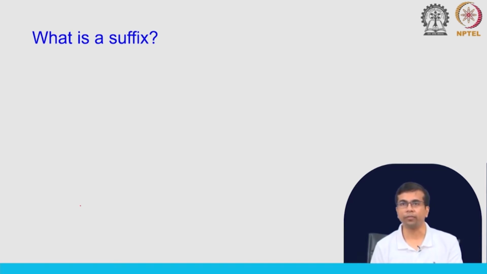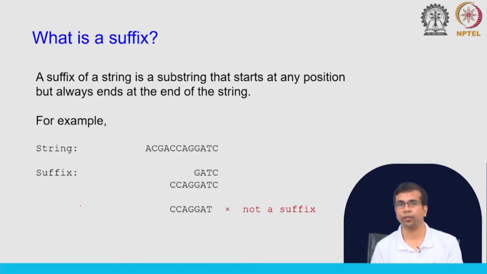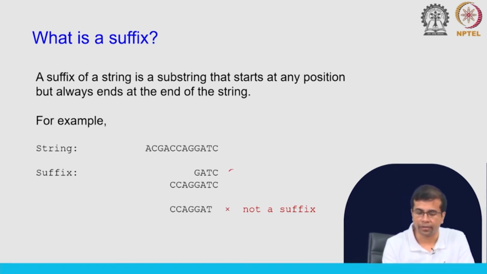So, to start with, what is a suffix? Okay. So, a suffix is a substring of a string that starts at any position in the string, but ends at the end of the string. Okay. So, let us take some examples and then I think it would be clear. So, here is a string, right, it is shown here in your screen ACG, ACC, AGG, ATC, right, and here are some examples of suffixes.